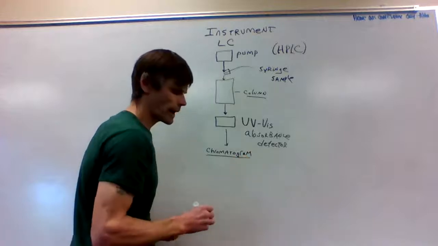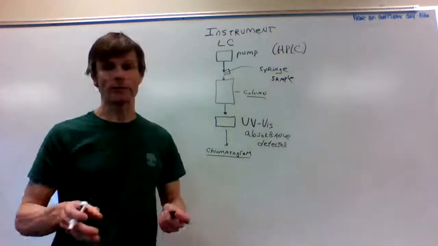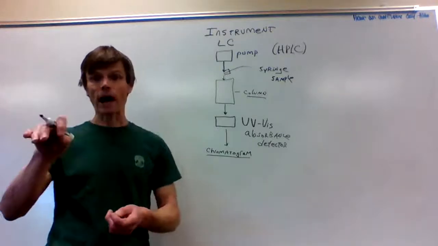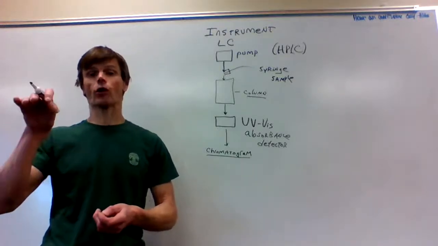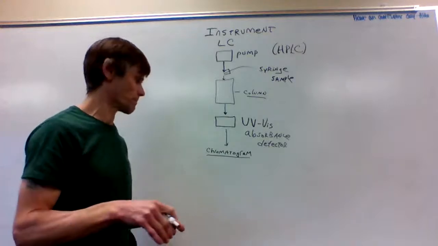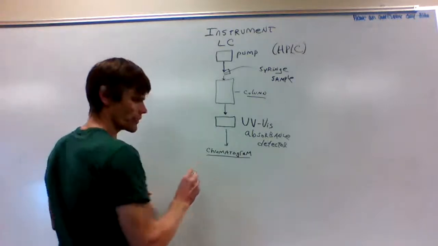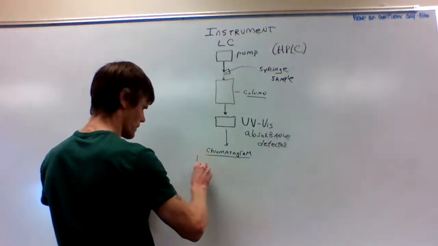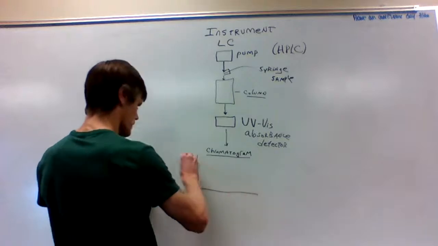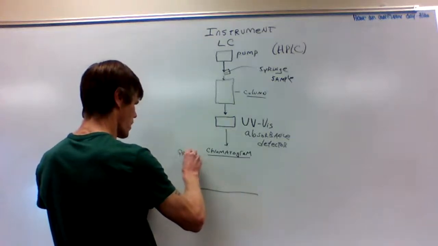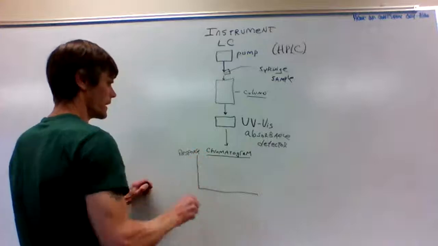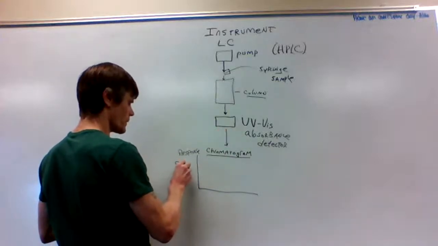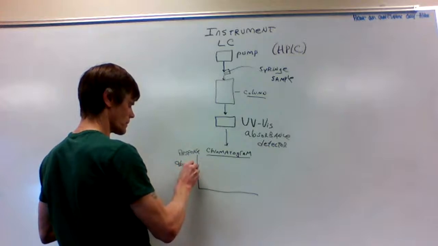A chromatogram is simply a graph that shows detector response versus the time at which each of our analytes is eluting from the column. So let's think about our last experiment that I had written here before. Here's our response. Our response is our signal. And if we're using a UV vis absorbance detector, it's going to be absorbance.